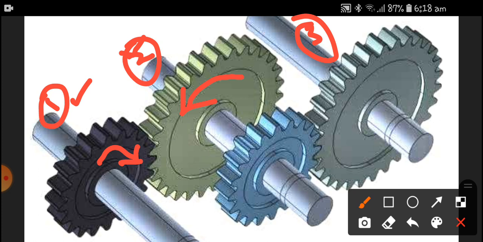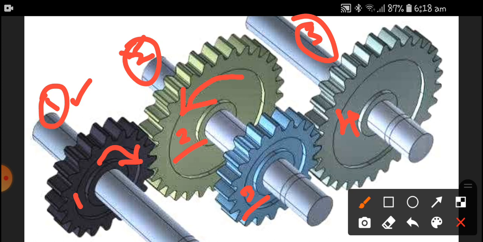When we say a compound gear train, we consider all three shafts. There are gears 1, 2, 3 and 4. Gears 2 and 3 are coupled on the same shaft, so it is compounded.